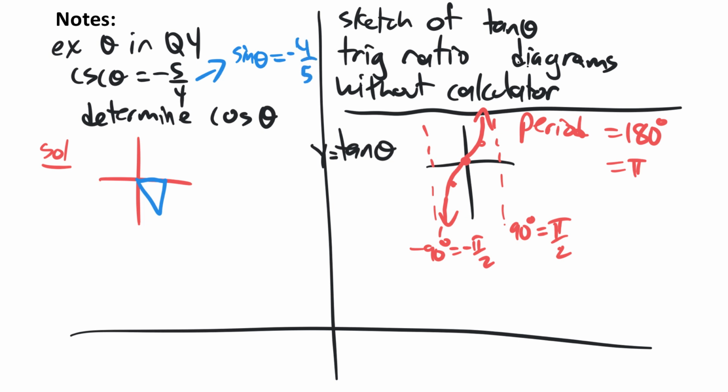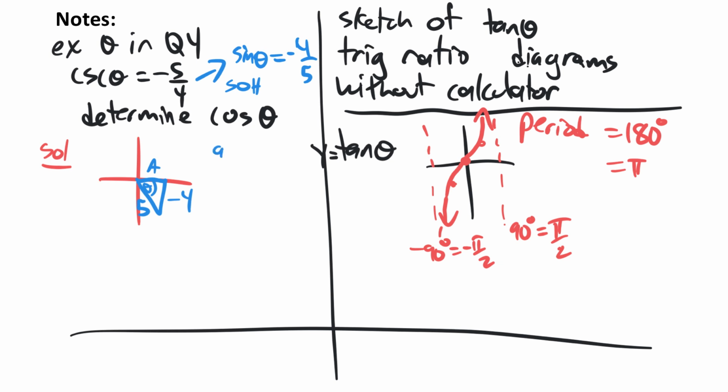Cosecant's kind of weird, so let's turn it into sine. And we know that sine is SO from SOHCAHTOA. So that means we know that the opposite is going to be negative 4, and the hypotenuse is 5. Again, we know it's negative 4 because we're going down. This is going to be adjacent side here.